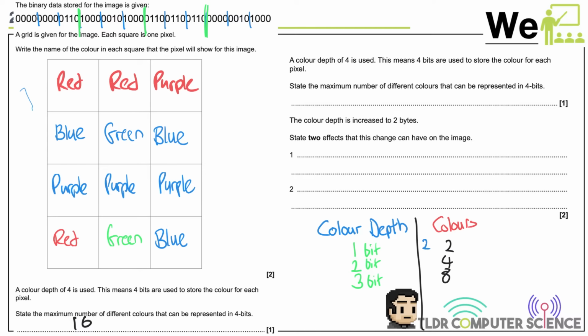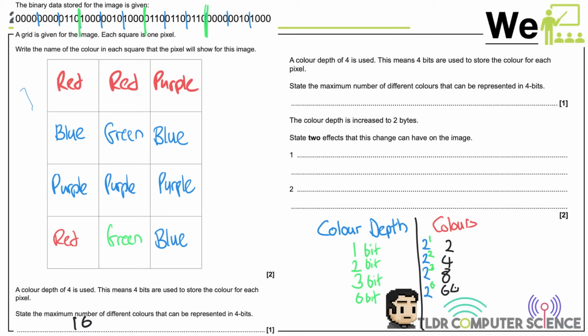So 2 to the power of 1, 2 to the power of 2, 2 to the power of 3. If I had, for instance, a 6-bit color depth, that would be 2 to the power 6. 2 times 2 times 2, 6 times. And that would mean that you have 64 colors.